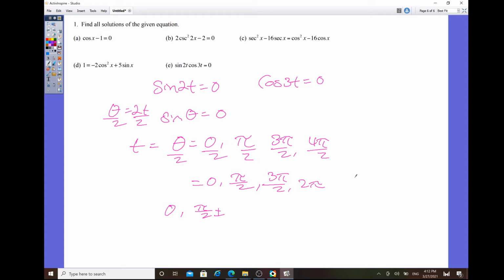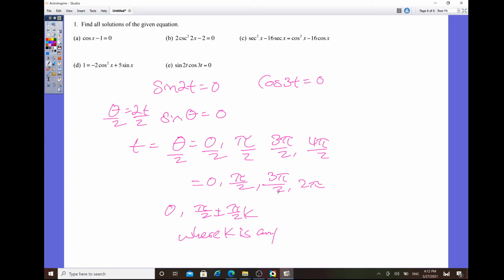Okay, so this one is just for the first cycle. This one is for the second cycle. So the way to put it in, it's what? Pi over 2 plus minus pi over 2k, where k is any integer.